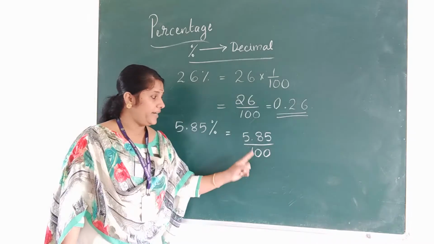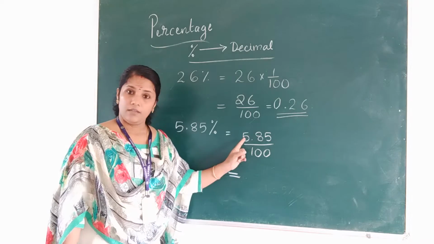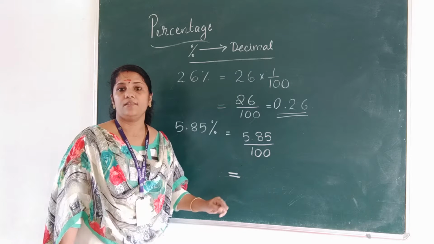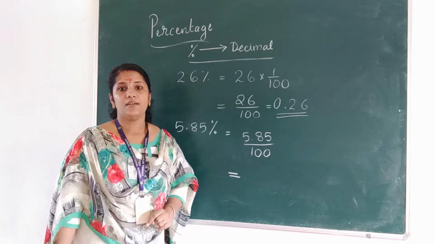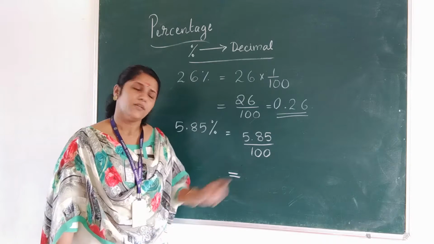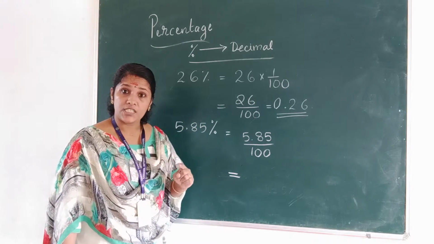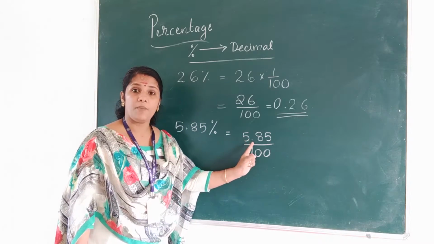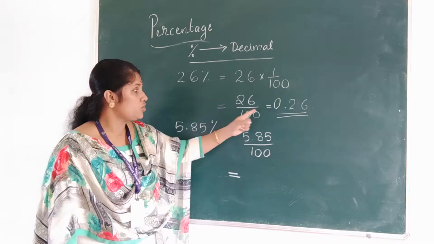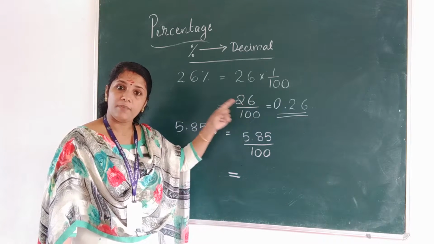When you are dividing a decimal number by 100 or a multiple of 10, how will we move? In the same way we will move to the left side. But we should start from the decimal point. Look here. There is no decimal in the numerator, right? So we started from 1's place, moving to the left side by 2 jumps.